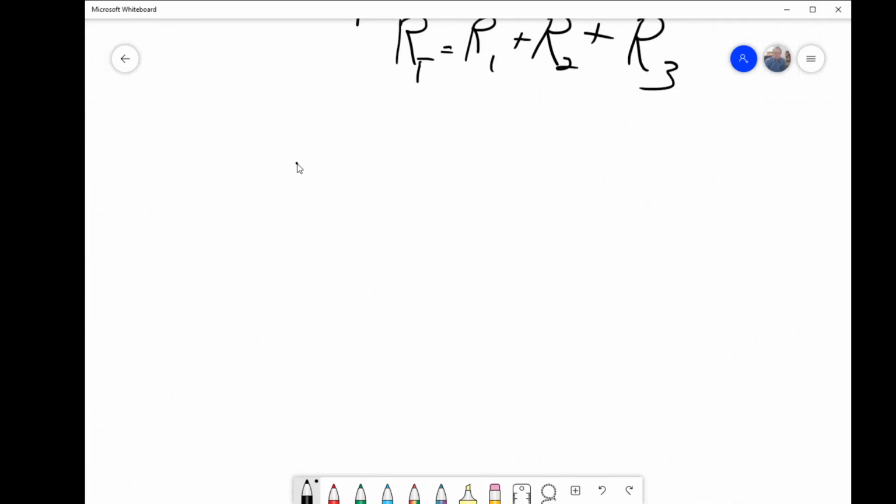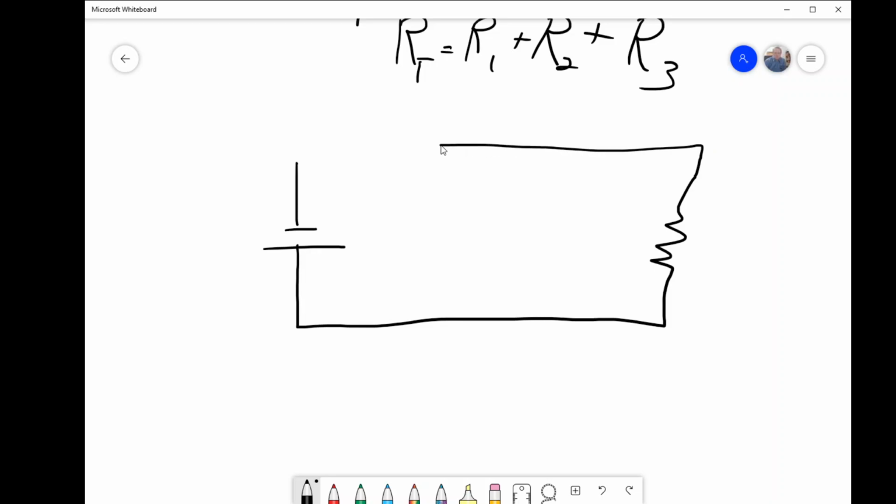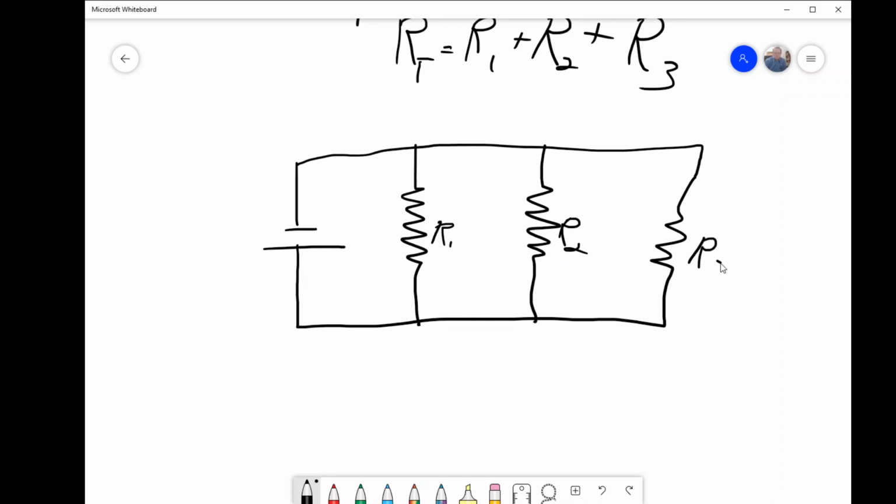So imagine now we have our source, and we have a circuit with 3 parallel branches. Resistance 1, 2, and 3.